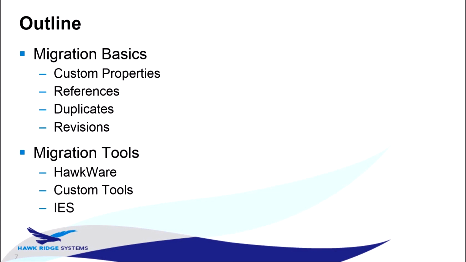So that's what we were able to cover today. We were able to cover some of the migration basics, talking about custom properties, how important those are to have mapped out before you start bringing files in, making sure that references are updated, and then how to use EPDM to update references that maybe are broken, how to eliminate duplicate files from EPDM, as well as how to update revisions either manually or through a workflow automation tool to make sure that the revisions are intact and up to date.